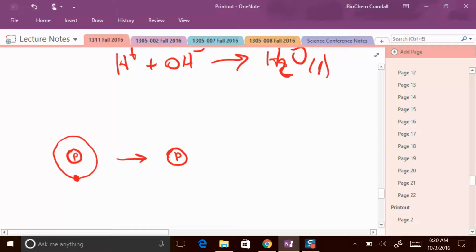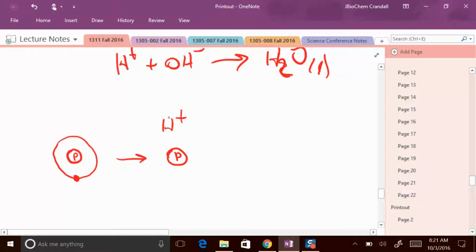H+ is often referred to as a proton. It's this reactive proton that's just going around and reacting with stuff. That's what H+ is. Okay? It's searching for electrons, that little proton, and it's going to go find it.